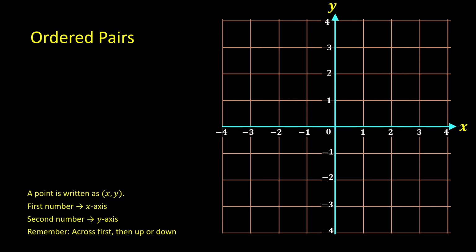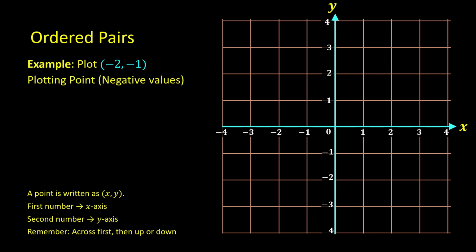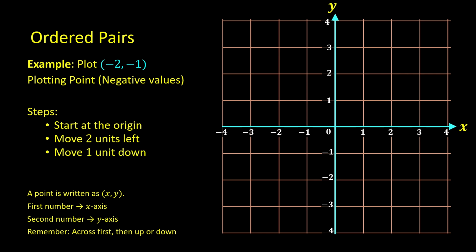Now let us plot a point with a negative x and y value. So for (-2, -1), we start at the origin, move 2 units left, then move 1 unit down, and mark the point.